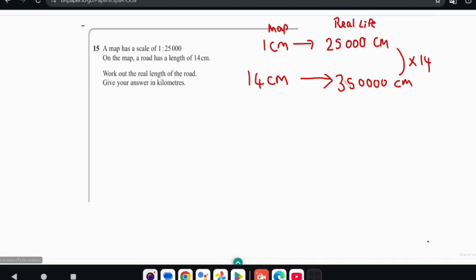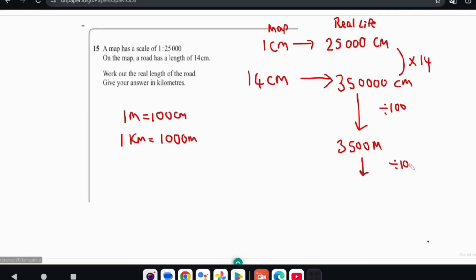So it's 350,000 centimetres, but we need kilometres. 1 metre is 100 centimetres. 1 kilometre is 1,000 metres. So we need to convert this into, first of all, metres by dividing by 100. Then into kilometres by dividing by 1,000, which is 3.5 kilometres. That's the final answer.